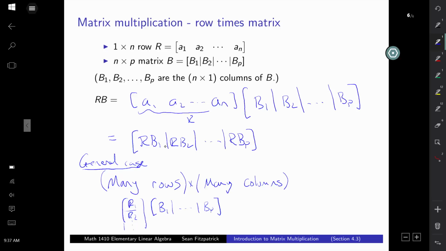And as long as the number of entries in each row matches the number of entries in each column, you can do row 1 times B1, row 1 times B2, and so on down to row 1 times BP, and then row 2 times B1, and so on. That's going to be how we do matrix multiplication in general, and we'll explore that in the next video.